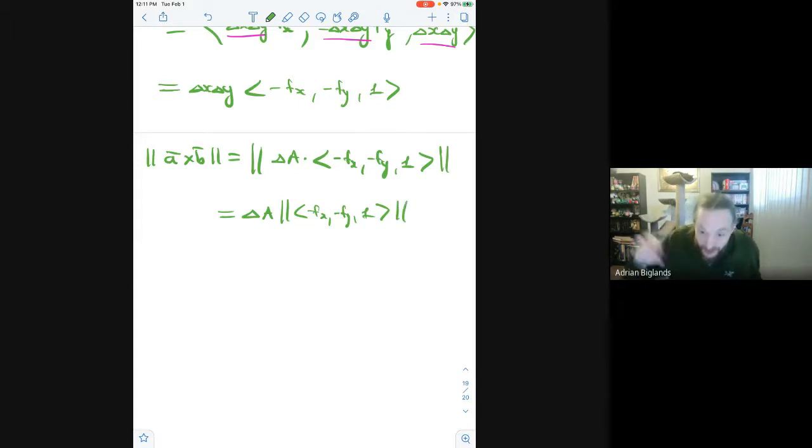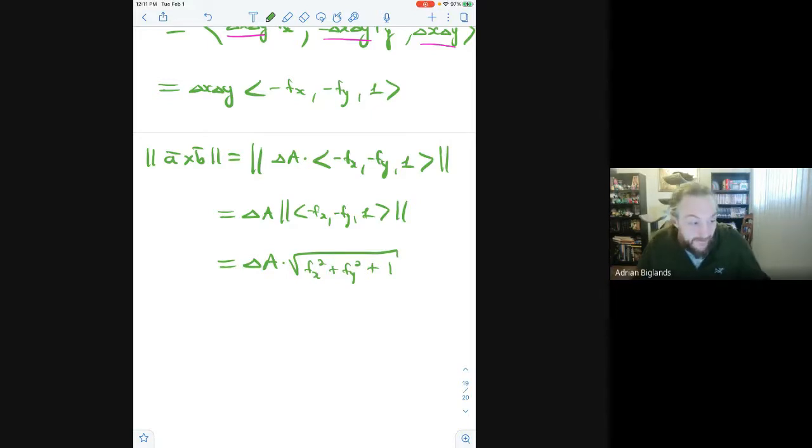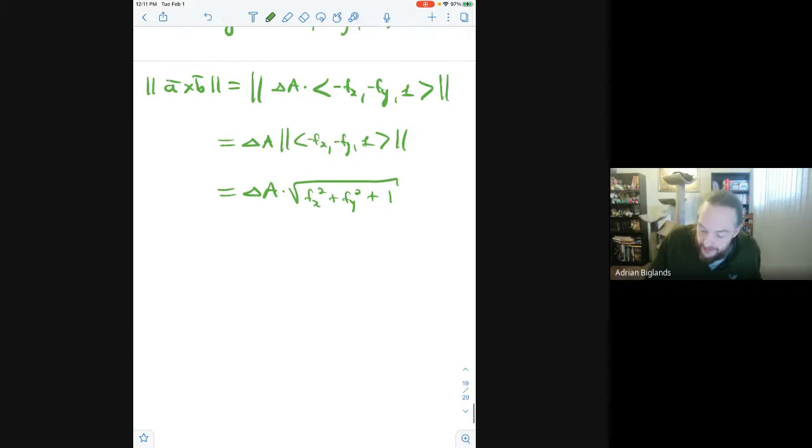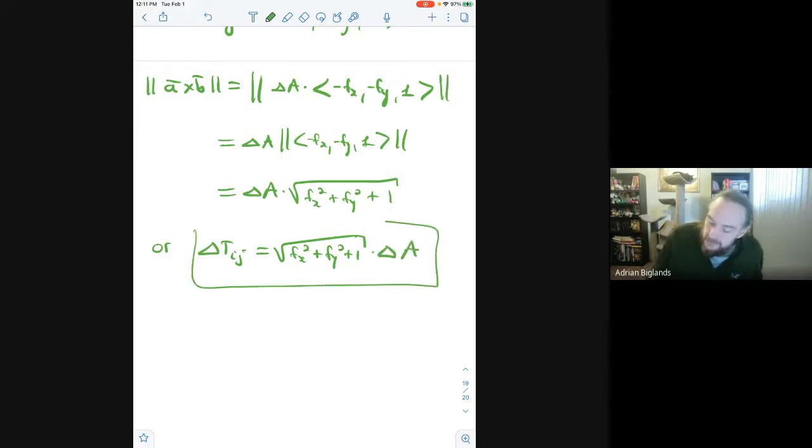I take the square root of the sum of the squares of its coordinates, which is going to be delta A times the square root of fx squared plus fy squared plus 1 squared. And I don't write the 1 squared. So delta Tij is equal to the square root of fx squared plus fy squared plus 1 times delta A. That was what we wanted from linear algebra.